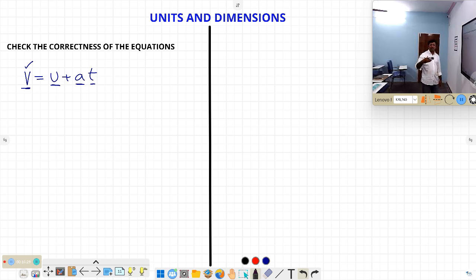What does dimension analysis state? According to the rule of dimension analysis, the equation contains two parts, two terms. This is the first part, and this is the second part.